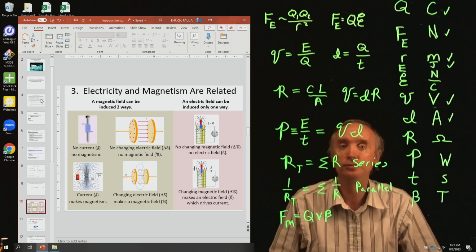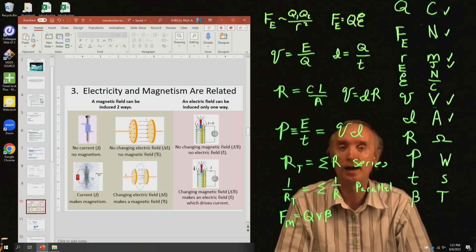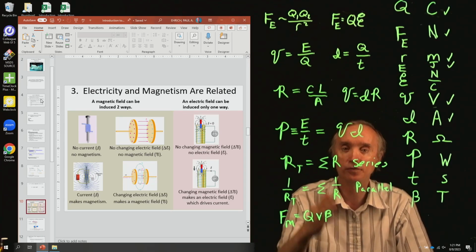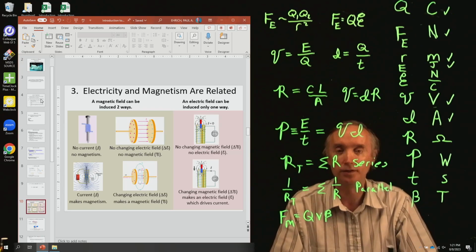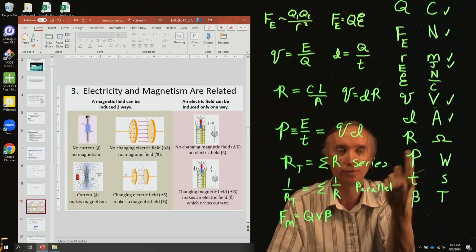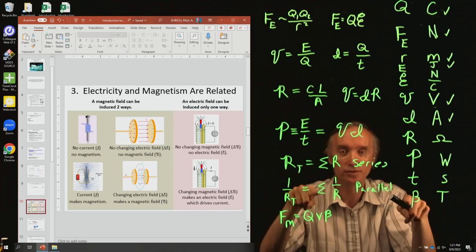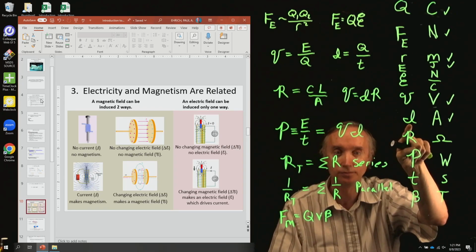All right, now we talked extensively on how you can make magnetism and also how you can make electricity. The first column over there is that magnetism can be made with electrical current. If you run electrical current through a coil, it makes a magnetic field. So electric current I makes magnetism.